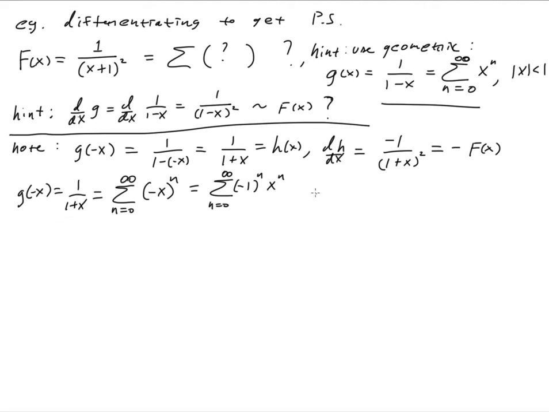All right, so now I know that this right here, I call this h of x, right? So now I want to get to capital F, and I know that I have to take the derivative of h.